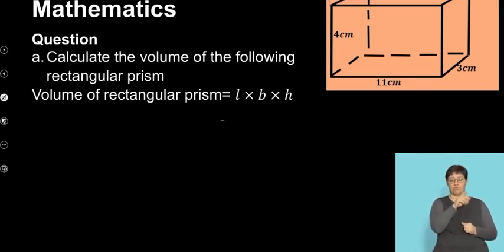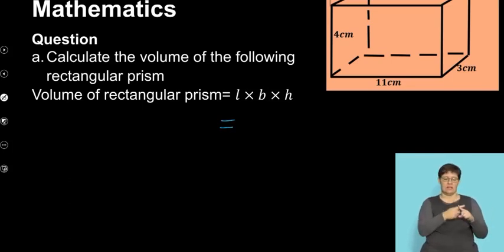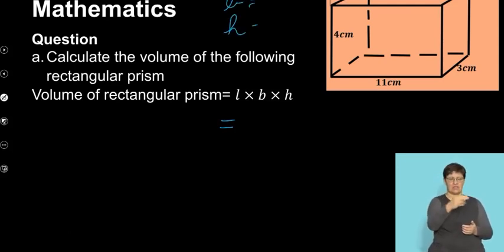And luckily this is a straight substitution. It's our area of our base, which is length times breadth times our height. Something that can help, you don't have to do this, but it is a recommendation, is to write what my length is, what my breadth is, and what my height is, so when I'm substituting it in, it's fairly clear which values go where.